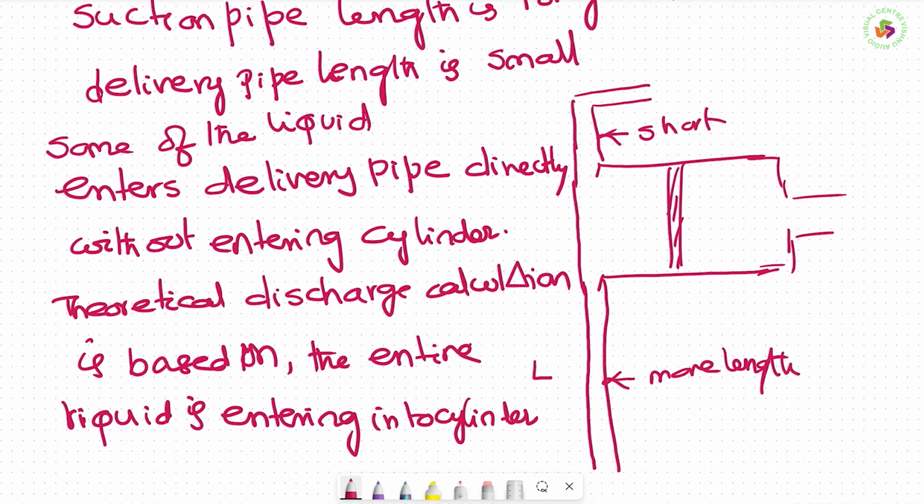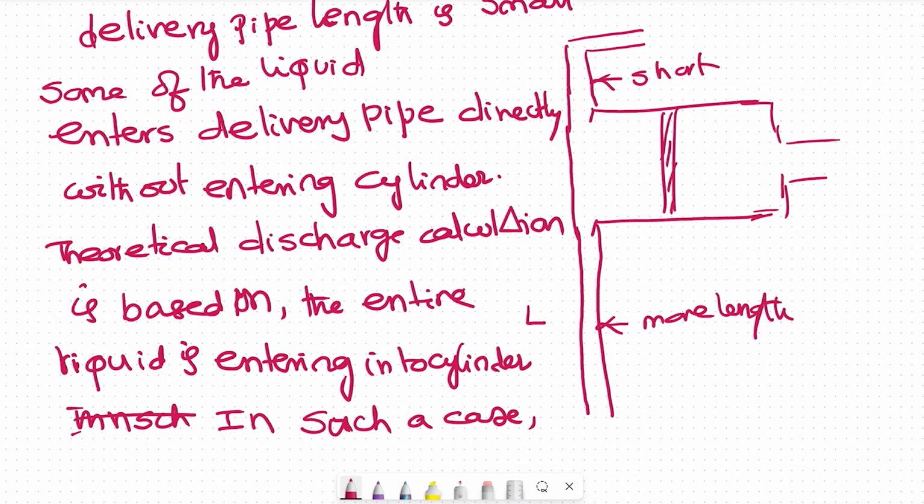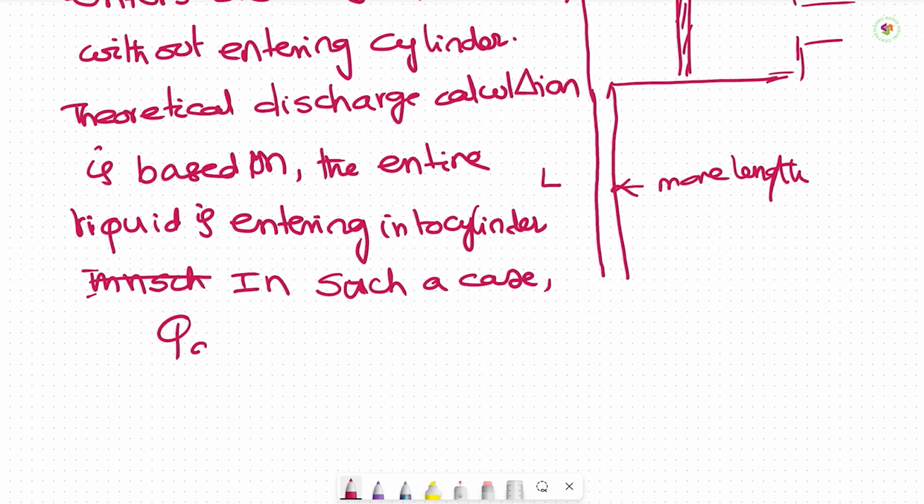When we derived the equation, the assumption was that the whole liquid enters the cylinder. But now, without entering the cylinder, some liquid straight away enters the delivery pipe. In such a case, Q actual is greater than Q theoretical.